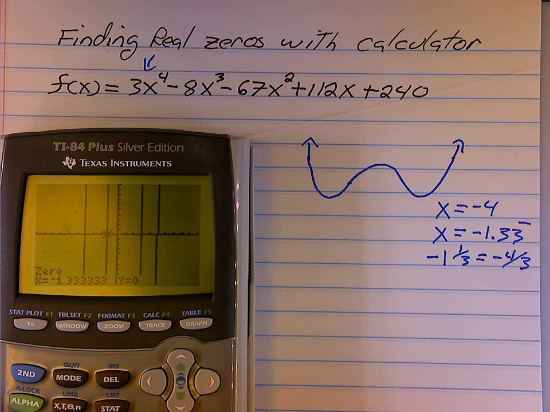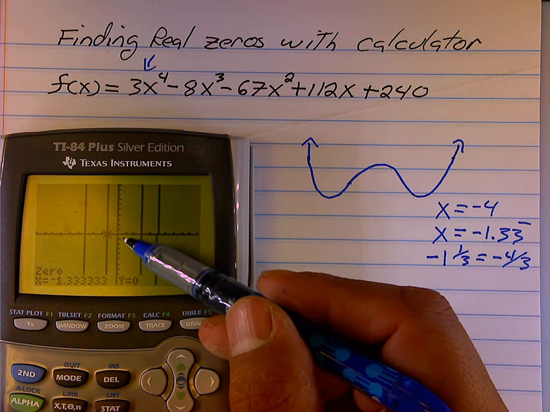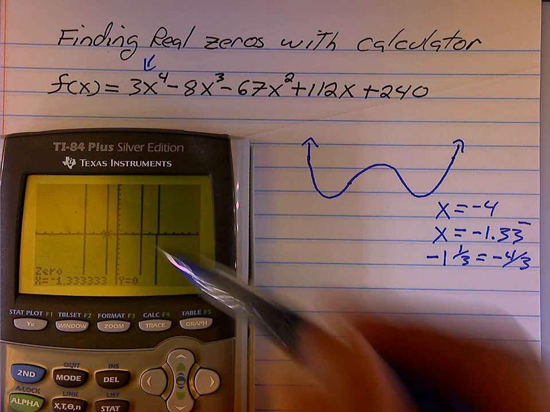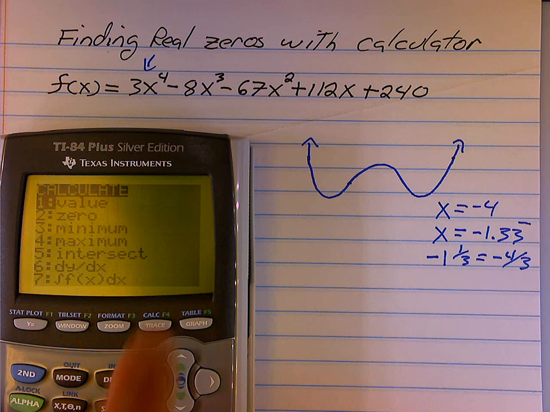I'm now going to go to my next zero. It appears to be right about there. I'm going to estimate it: 1, 2, 3. So I think my next zero is at x equals 3. I'm going to have my calculator help me find it by hitting second function, calculate, zero.